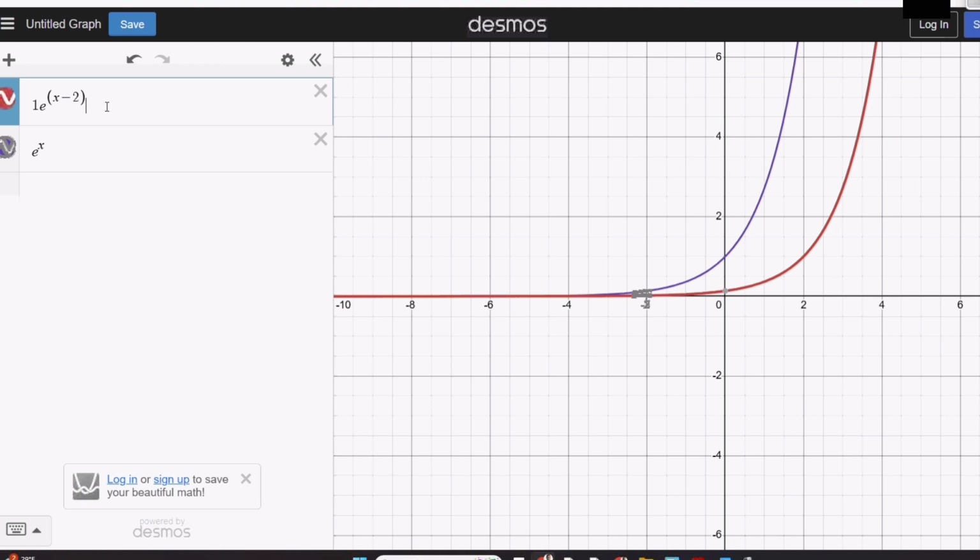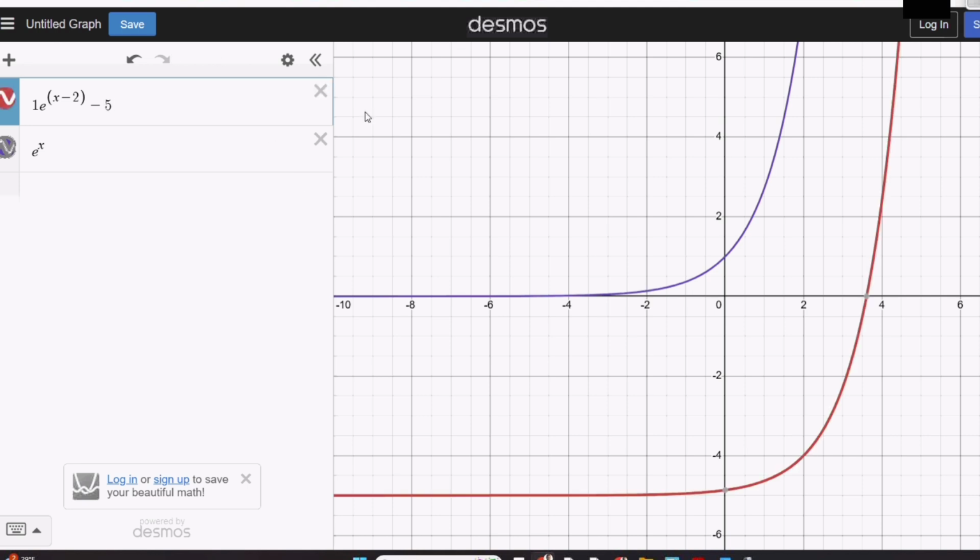And then what if this was also, let's move it down, let's say 5. So I could put minus 5 at the end. You can see it does go down 5. So this thing compared to the original e to the x is shifted right 2 and down 5. So again, this point right here was at 0, 1. So it should be over 2 and down 5.